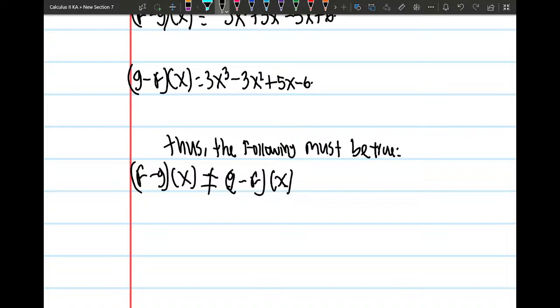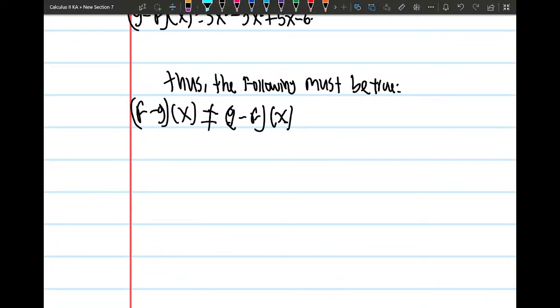So therefore, we cannot use commutative property. Sorry for my handwriting, guys. Let me try to write it better.